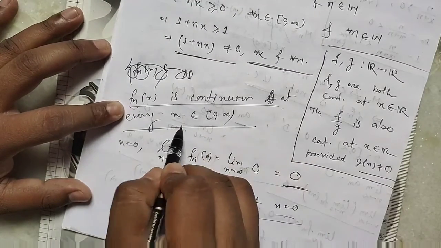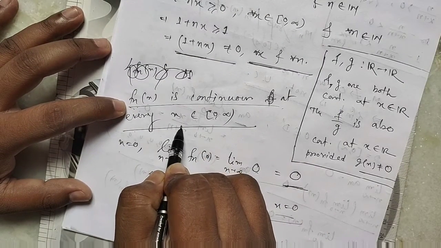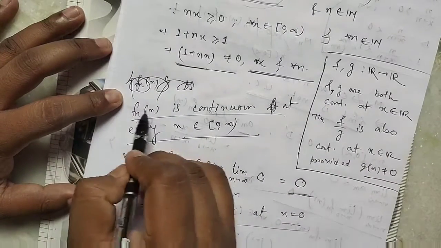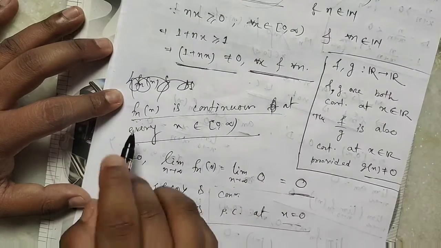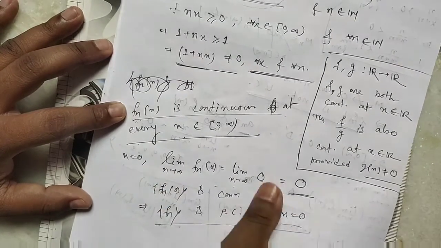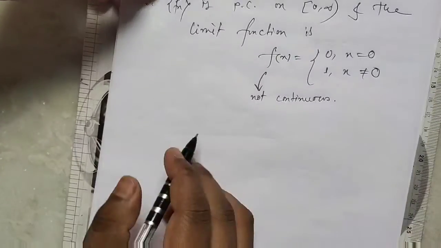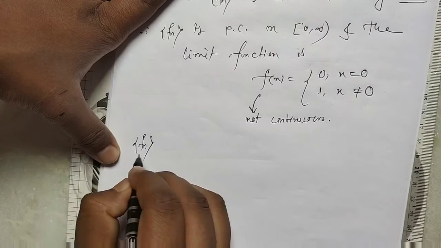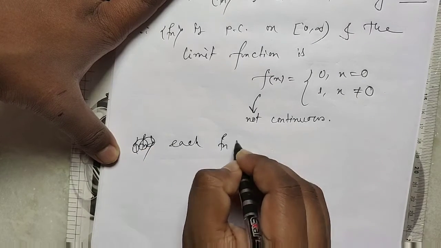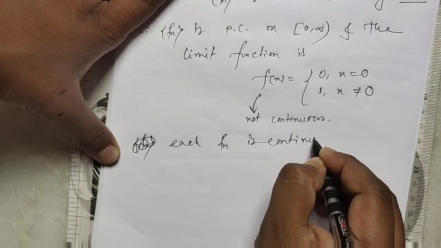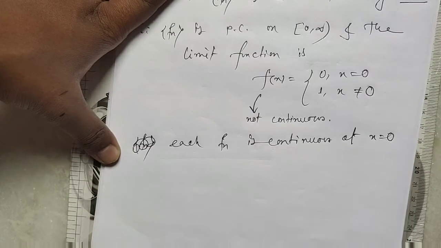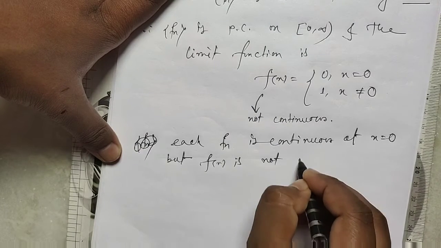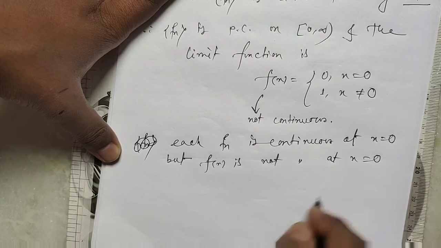Here each f_n is continuous at every x, so each f_n is continuous at 0. So each f_n is continuous at x equal to 0, but f(x) is not continuous at x equal to 0.